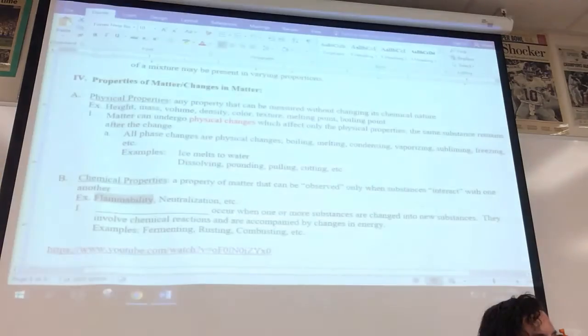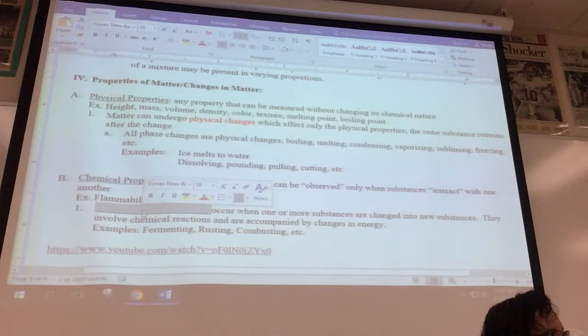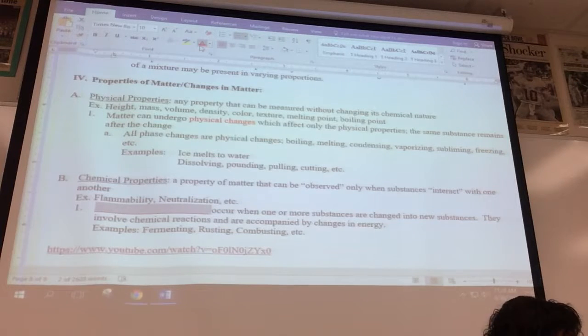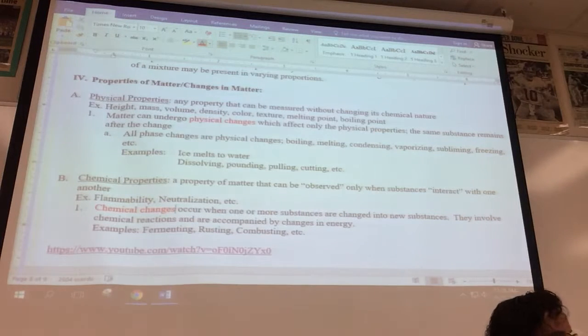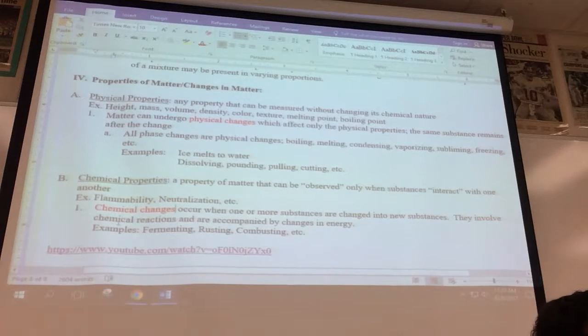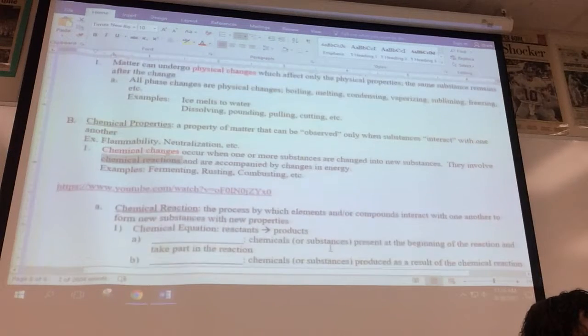Now, when one or more substances are changed into new substances, you have what's known as a chemical change. They are going to involve chemical reactions like the one I illustrated for you, and you will have changes in energy as well.